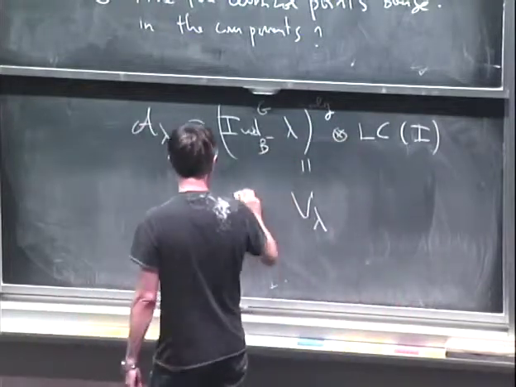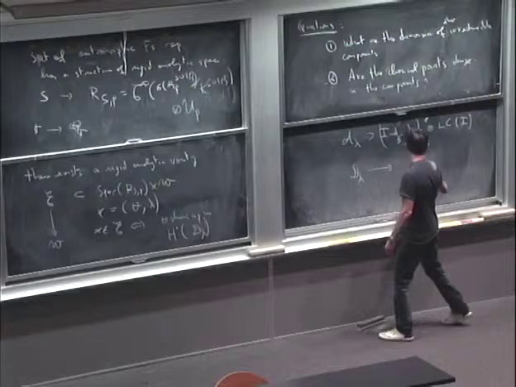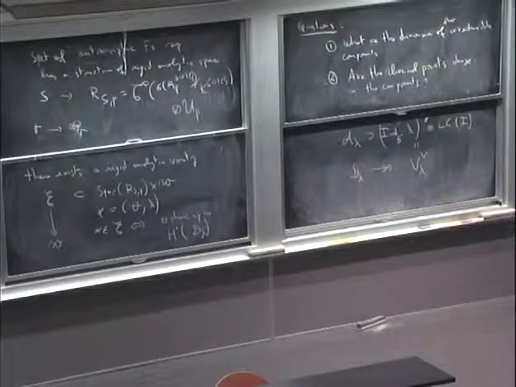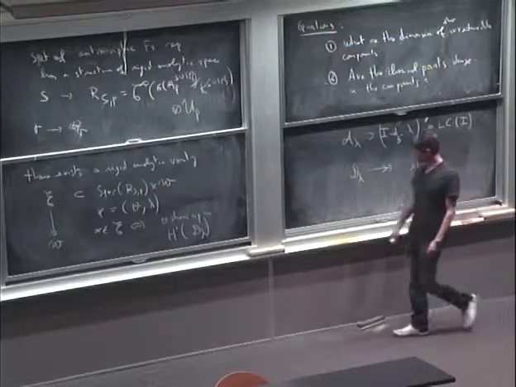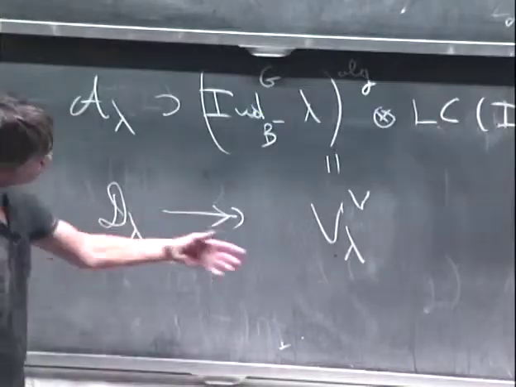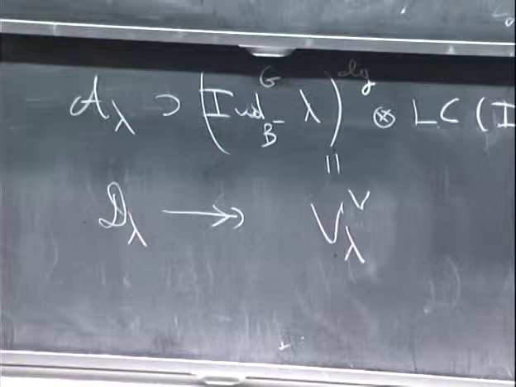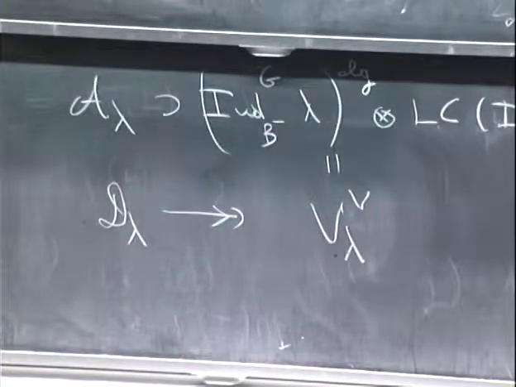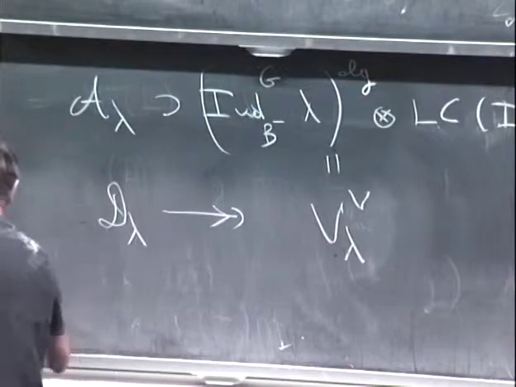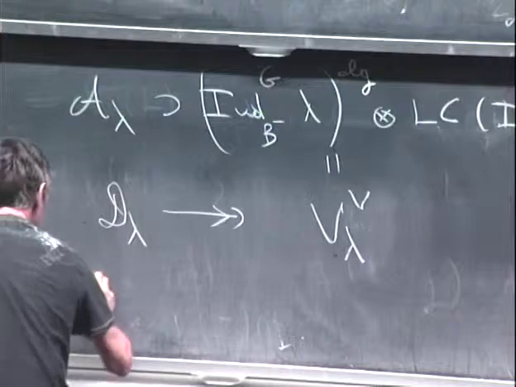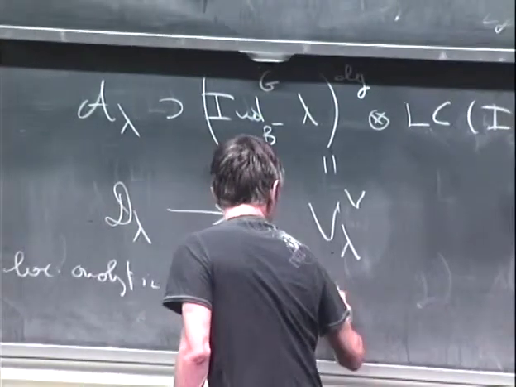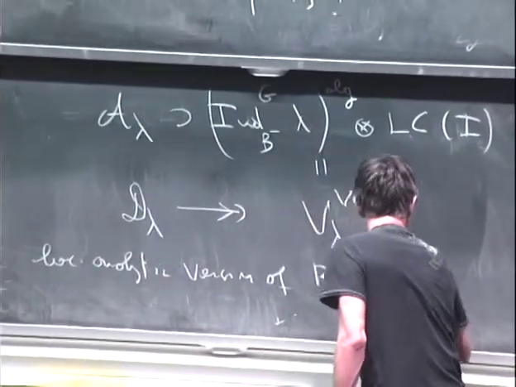So we have, of course, a surjective map like this, and actually it's possible to complete this surjective map into a resolution, which is a locally analytic version of the BGG resolution. So we have the analytic BGG resolution.